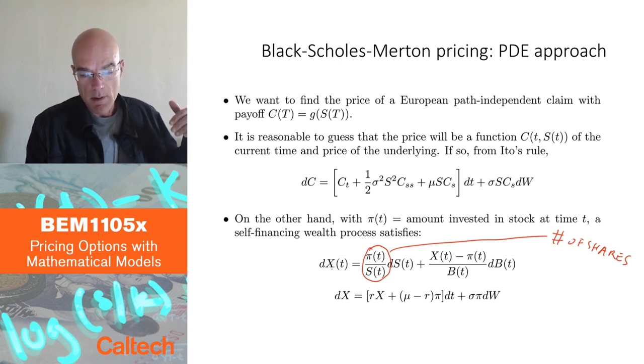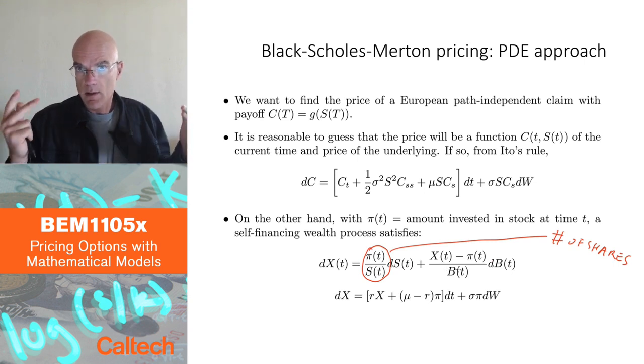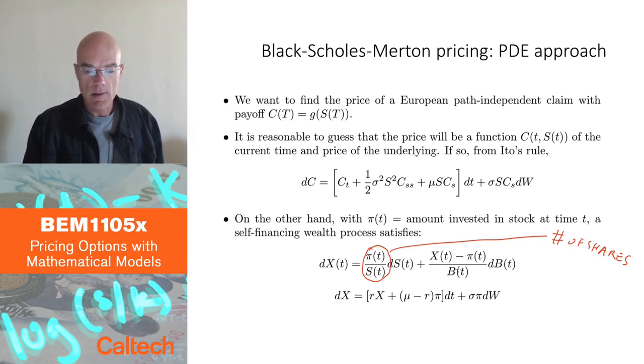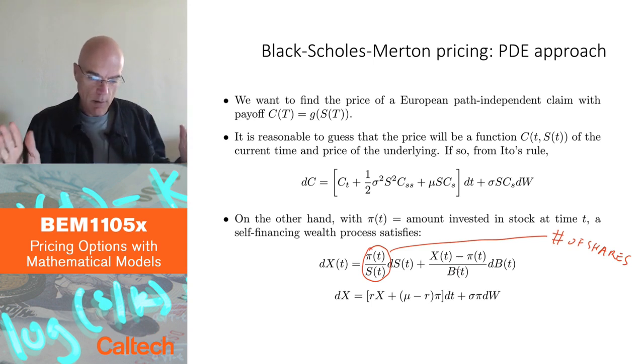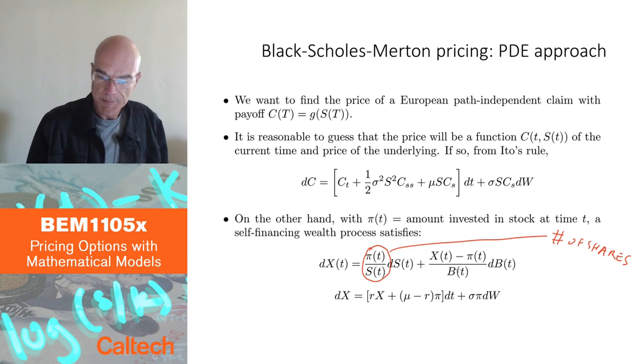When you add up gains over discrete time intervals, it was exactly adding these types of terms, number of shares in a stock times the change in the stock plus number of shares in other assets times the change in that other asset. This was correct in discrete time, and we are simply going to take it as a definition in continuous time. So no proof, it's just a definition, hopefully intuitive enough.